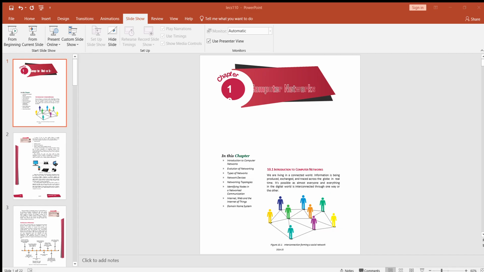And then in 1990, we also have some evolution of networking through 1997, where the first version of Wi-Fi, which is 802.11 standard, was introduced. So that is just a timeline showing the evolution of networking.